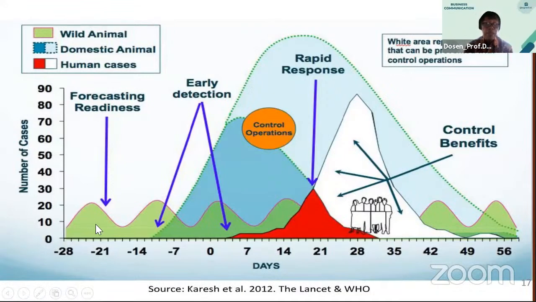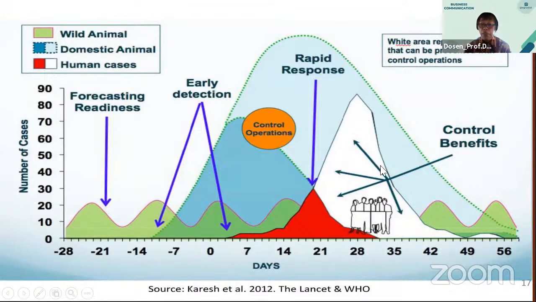If we have an early detection procedure, an early detection tool, maybe through RDT, rapid diagnostic test, or through molecular diagnostics, then we can minimize the spillover from wildlife to the animal, livestock, and then to human.